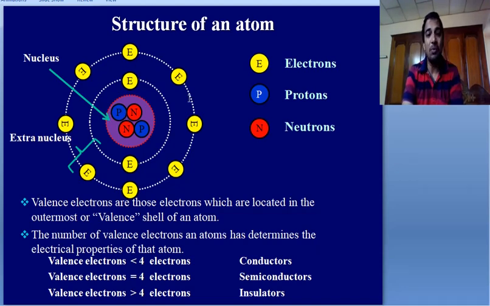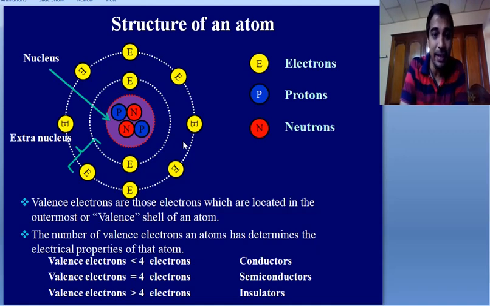The valence electrons can be detached easily. That's why in conductors we can take electrons out easily and conduct easily. What about insulators? If we have 7 or 8 valence electrons, the bonding force is very, very high. Almost they are stable.